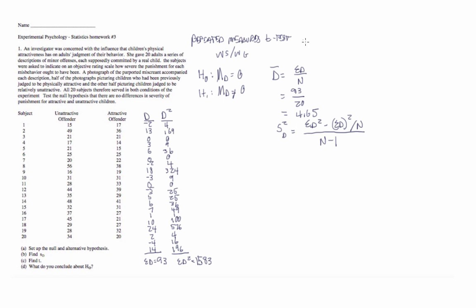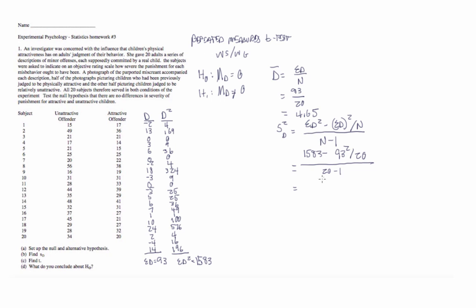So now it's just a matter of plugging our numbers into our formula. 1583 minus 93 squared divided by 20, over n minus 1, so 20 minus 1.